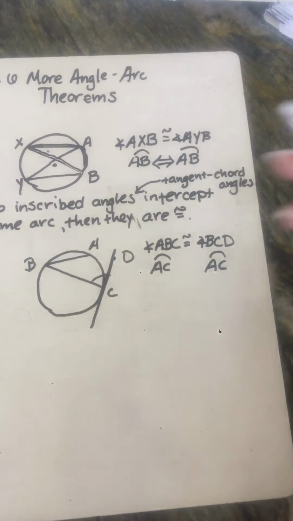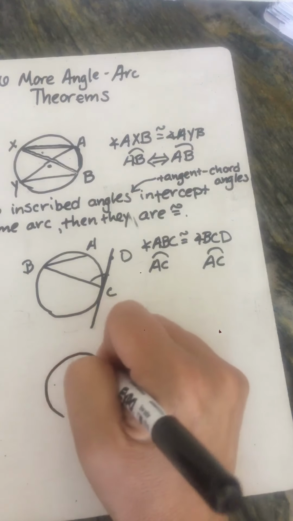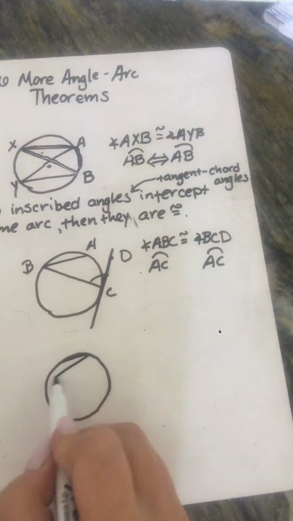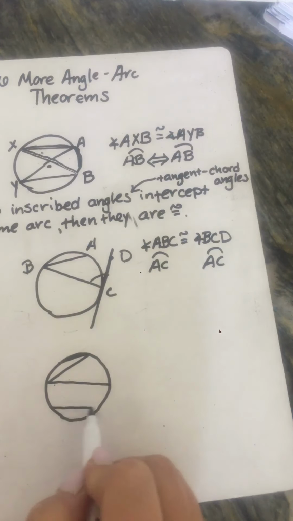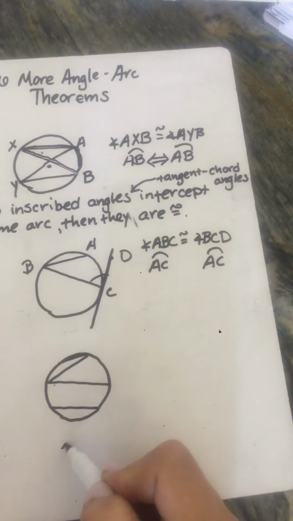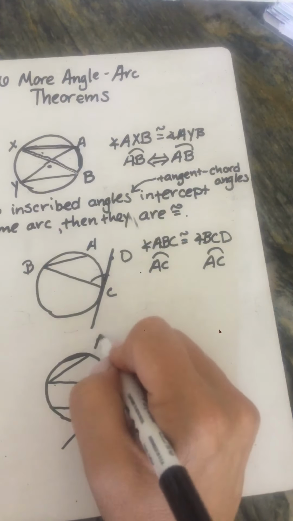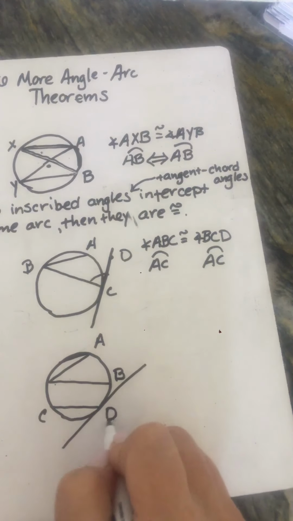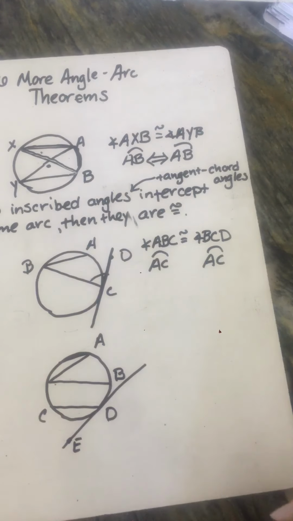Okay, so something similar here. Let's draw another picture. Circle. Inscribed angle. Tangent and a chord. A, B, C, D. We'll call this E out here.